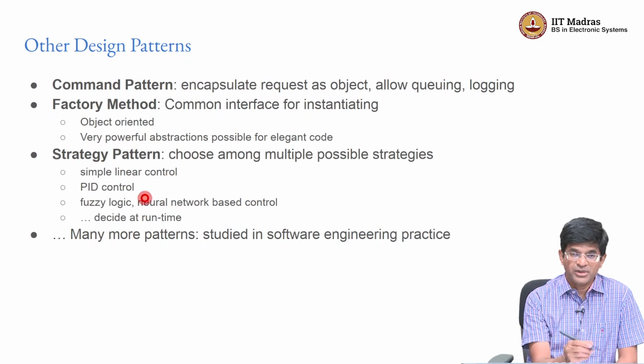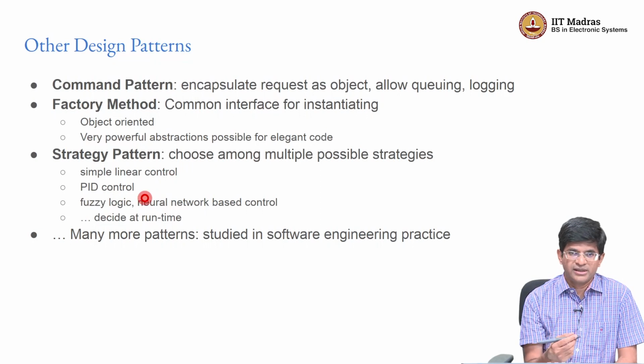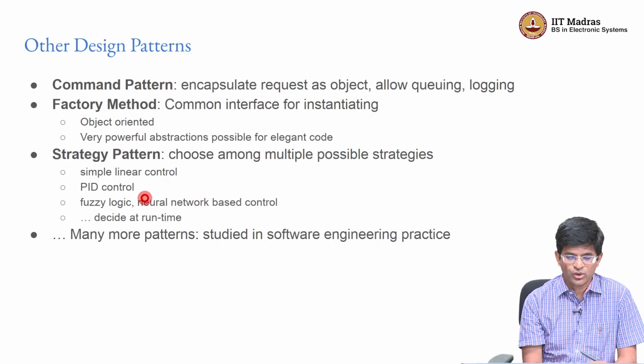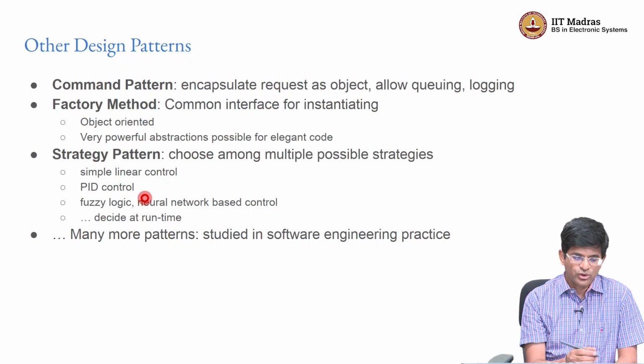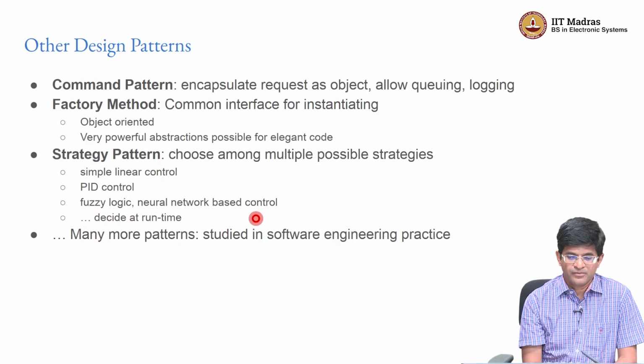You could have a PID or a proportional integral derivative kind of control, right, which is a very common form of control used in embedded systems, which again we have not got into in this course because it belongs more in the domain of control theory, but it's something as an example that we can look at, right? Or you might even have something much more complicated, maybe a neural network based controlling system to decide how a particular motor should be activated in order to reach a final target.